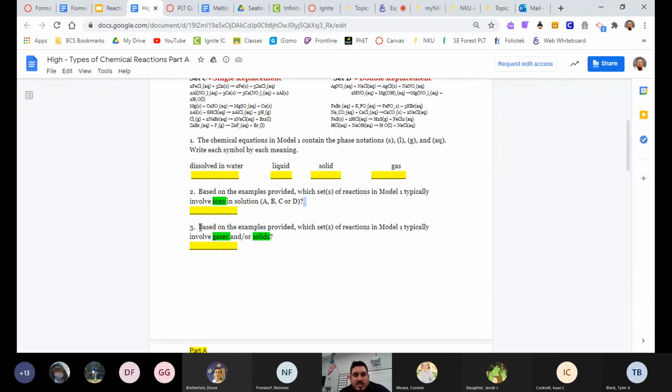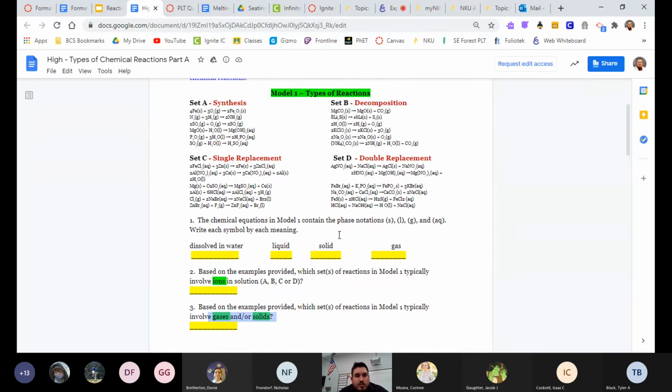All right, so which sets typically deal with gases or solids? Again, take 5 seconds, look at those sets, which ones are typically gases and solids. And again, there could be more than one. Let's see what you guys got.